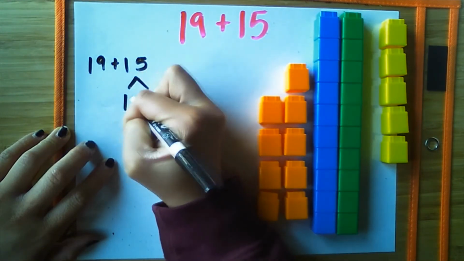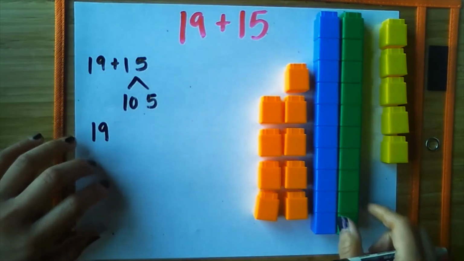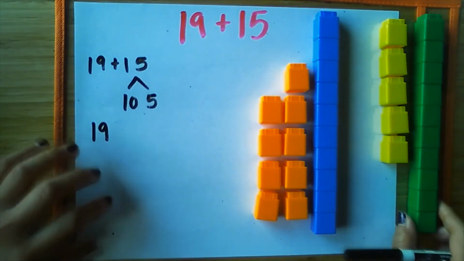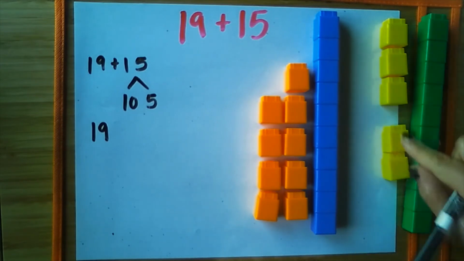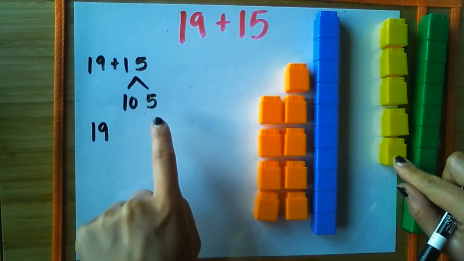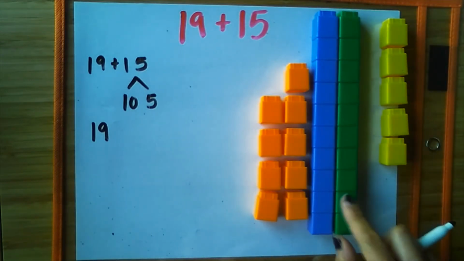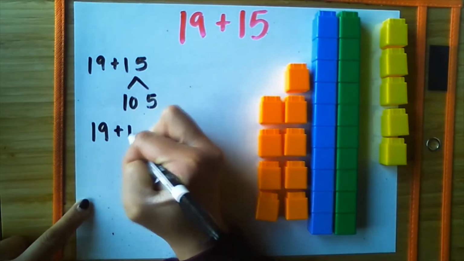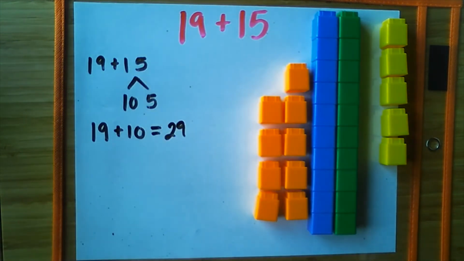We're going to break it up into 10 and 5, and remember, we just added, so 15 is broken up into the 10 and the 5, just like we have in our number bond here. And we're adding 10 to the 19. So 19 plus 10 equals 29, and we know because we see 2 tens and 9 ones.